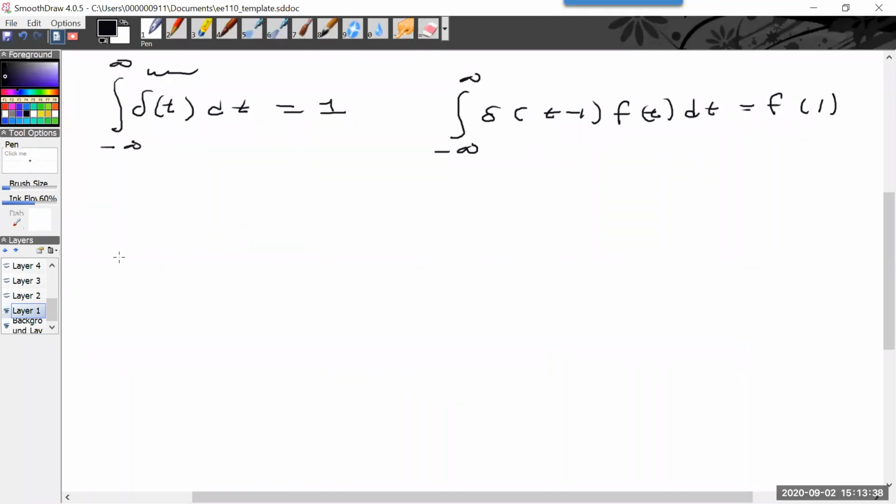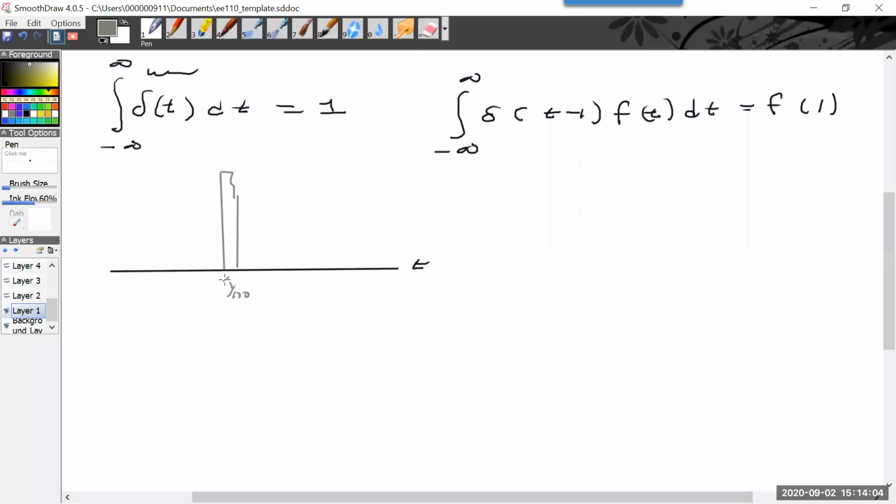So kind of what you have to do to understand a delta function is actually do an approximation to the delta function. Sorry, all right. And I'm just going to give an example here.